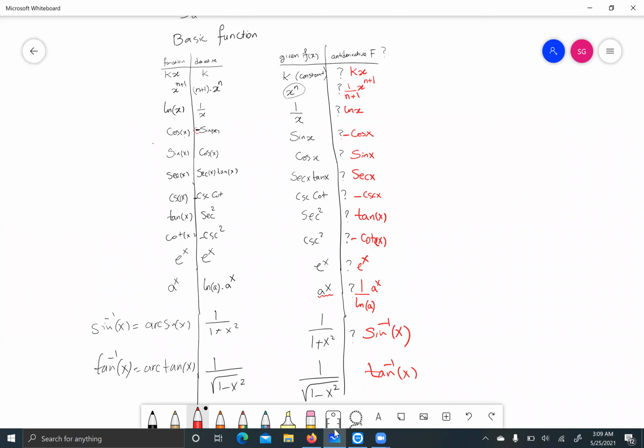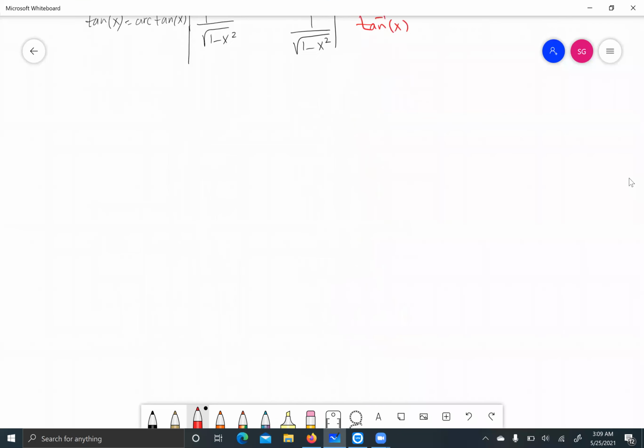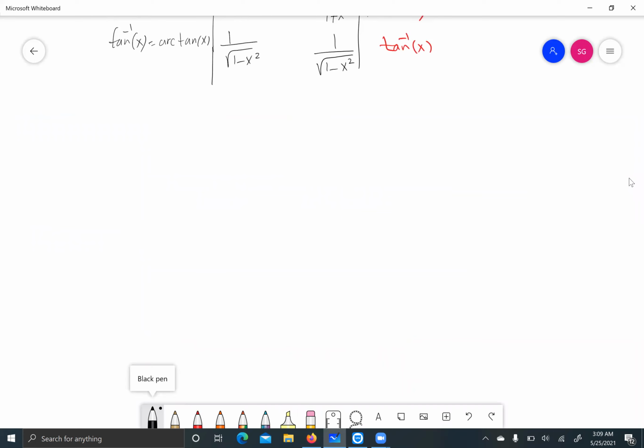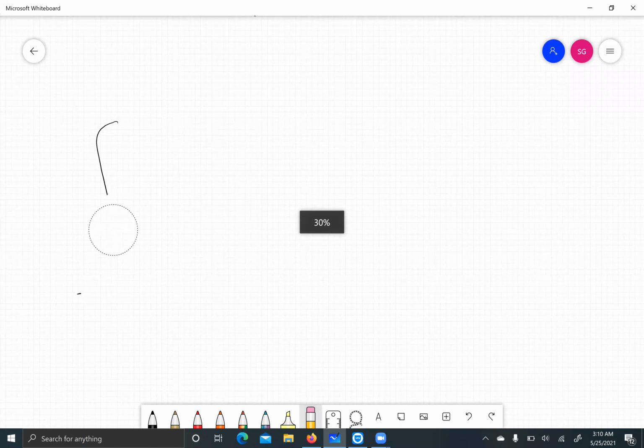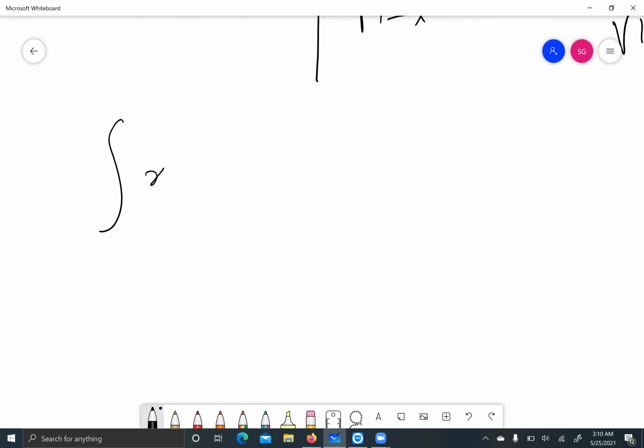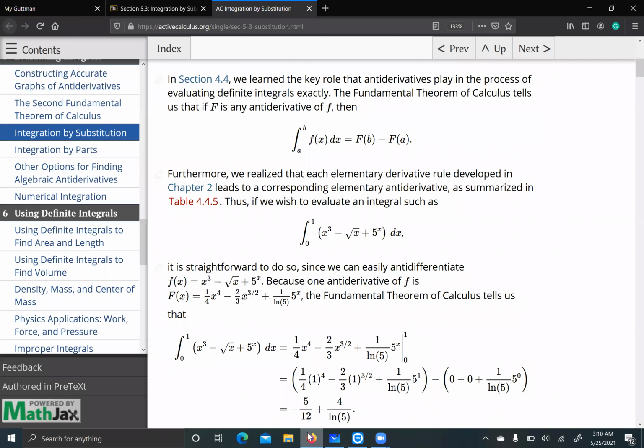So I'm going to show you this example. The question is the integral of x cube minus square root of x plus 5 to the x, with respect to variable x, from 0 to 1.